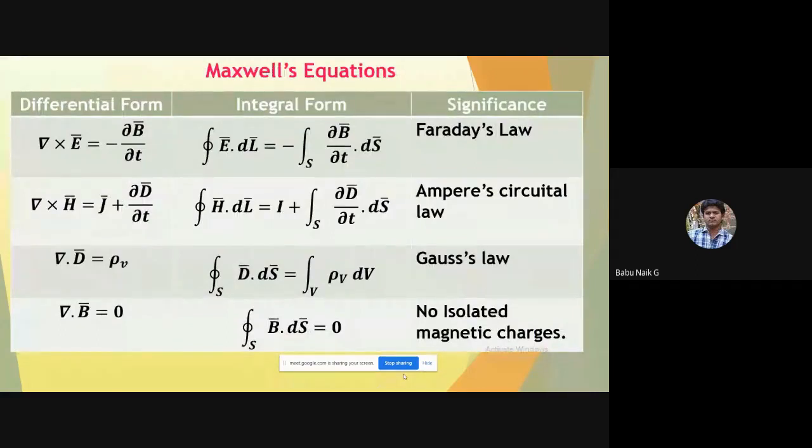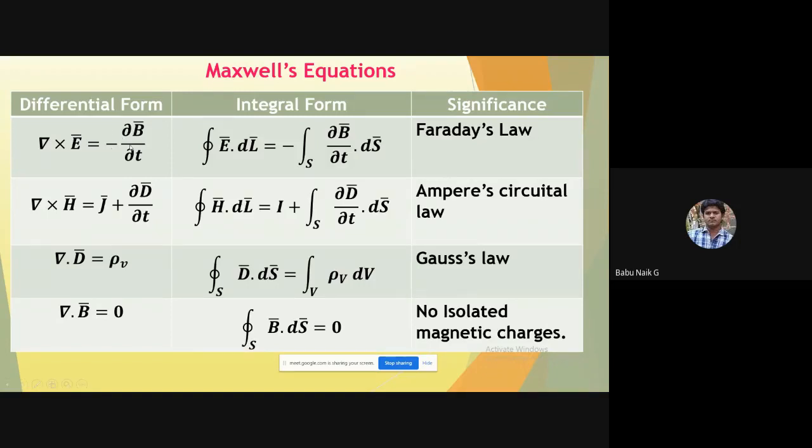Let us write here Maxwell equations, which we have seen with steady conditions, without time varying fields. Now let us see once again the Maxwell equations with respect to time varying fields, how all four Maxwell equations look.